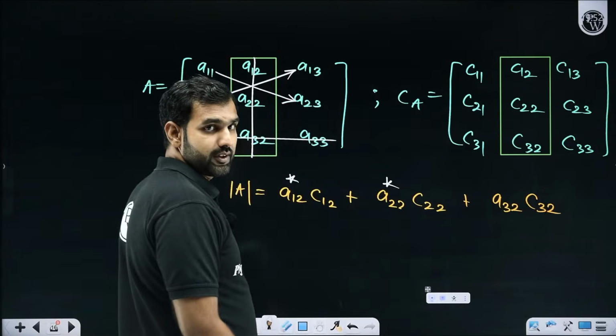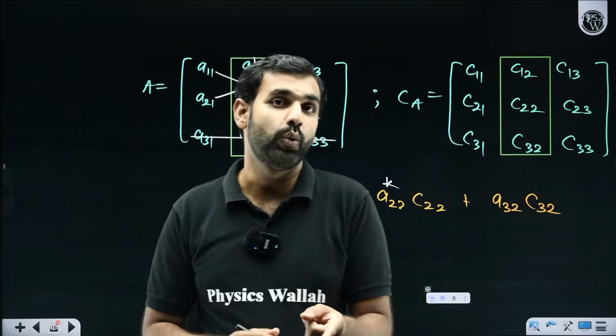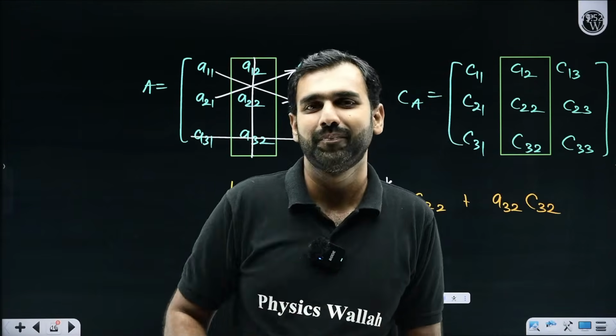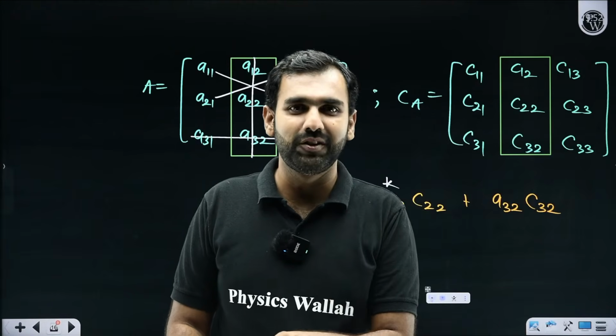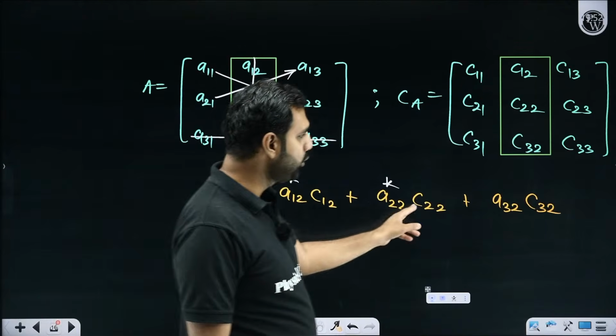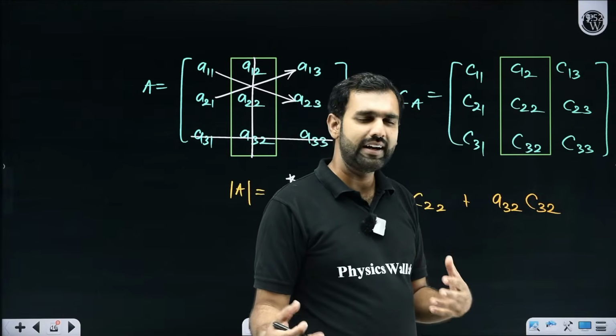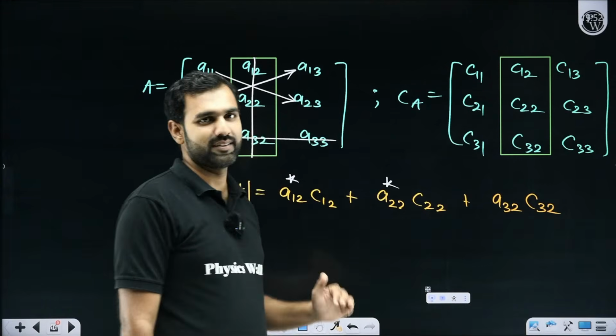Everybody understood that logic? What if we multiplied with minor? In that case, Vinayak, you have to explicitly put the signs. You wouldn't get the value of the determinant. So if you're simply putting M12, M22, M32, you'll just get a random number. But if you want the actual value of the determinant, you got to put the signs.